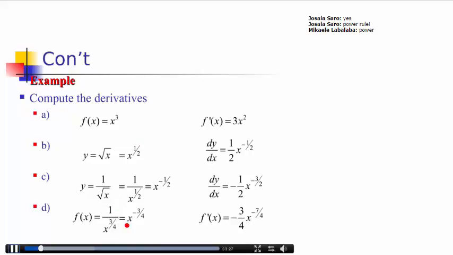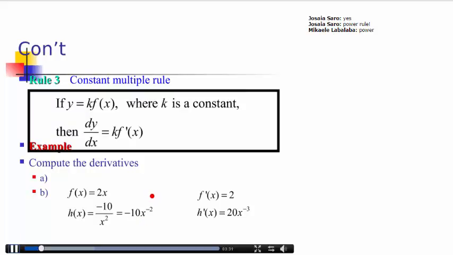The same rules apply for C and D. Now let's look at a constant multiple rule. What does it say? If y is equal to k f(x), where k is a constant, then dy over dx will be k f'(x). Okay, so which means that if we have f(x) is equal to 2x, where 2 is your k, right?